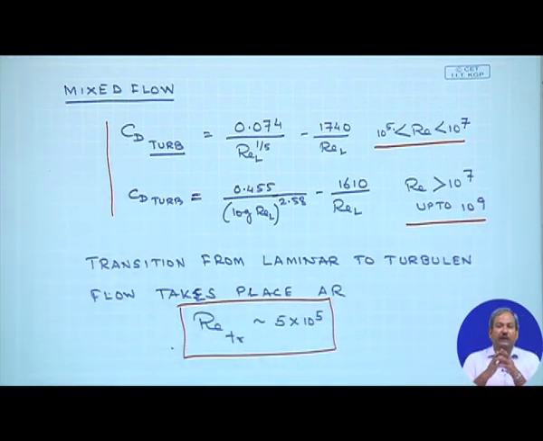The same way in the case of flow through a pipe, we know that there exists a Reynolds number beyond which the flow can be treated as turbulent. Similarly, for the growth of boundary layer over a surface, it is assumed that up to Rex of 5 into 10 to the power 5, or the x corresponding to a Reynolds number of 5 into 10 to the power 5, the flow remains laminar, and that is the transition between laminar and turbulence, and from that point onwards the flow becomes entirely turbulent.